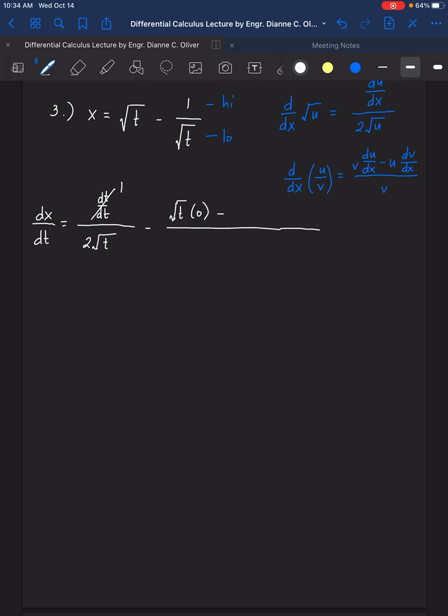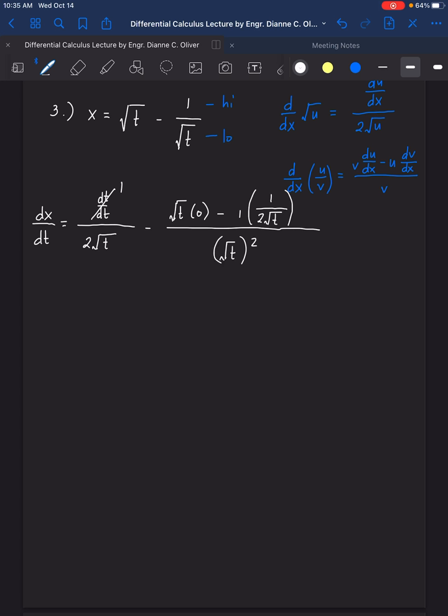Minus high, your high here is 1. Then derivative of low, derivative of square root of t is what? You copy square root of t multiplied with 2. Then derivative of t is 1. Then low low. Low low here is square root of t squared.